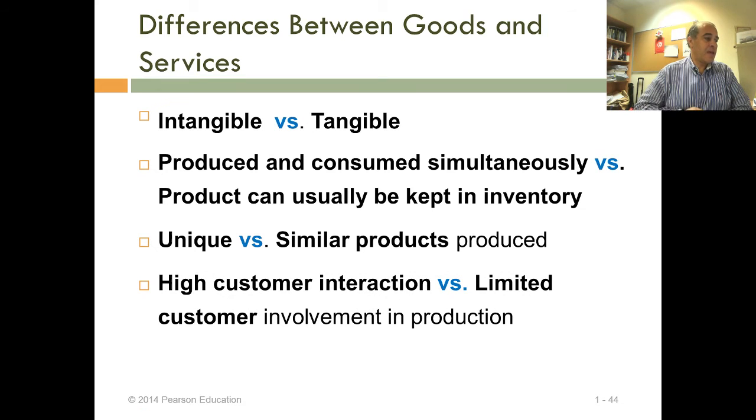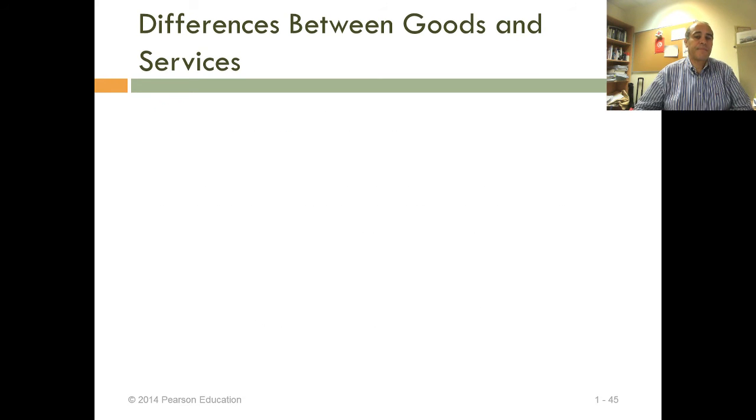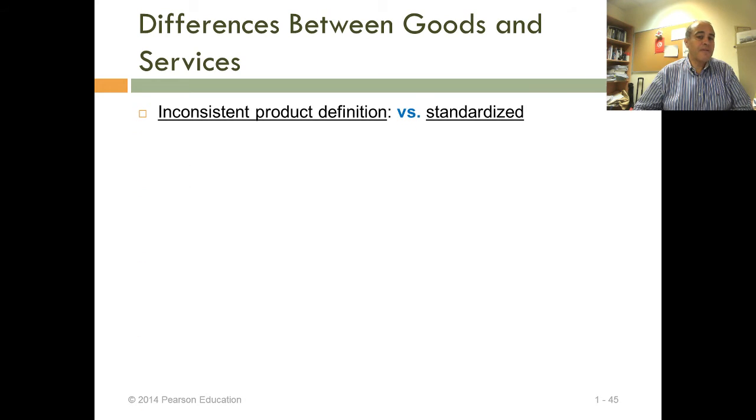Services are expected to have high customer interaction, while for goods there is limited customer involvement in production. Other differences: inconsistent product definition for services and standardized for goods in general.